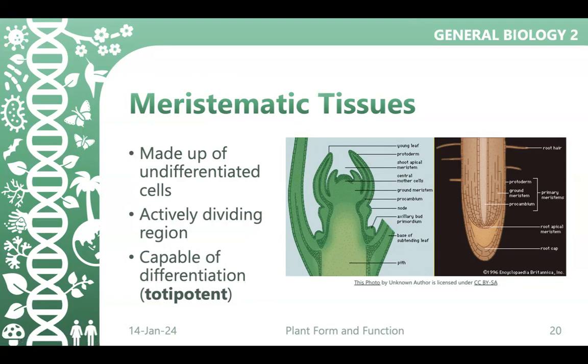They keep on producing more cells that will later differentiate to become different cells, and other cells will remain as meristematic cells. So again, there are two fates for the meristematic tissues: some cells will stay as meristematic cells, while other cells will become differentiated later on.